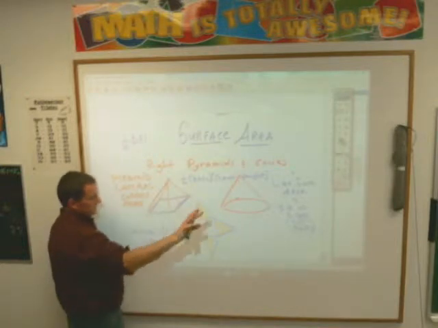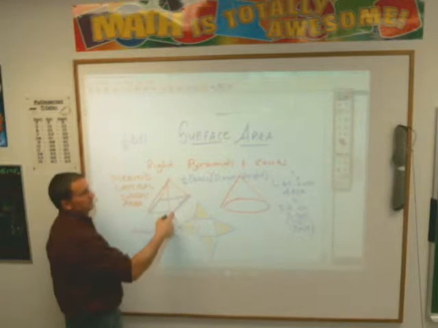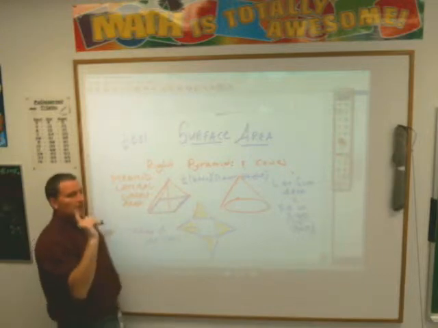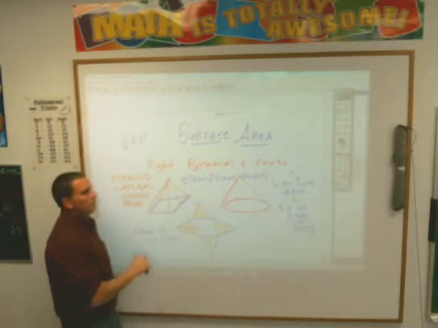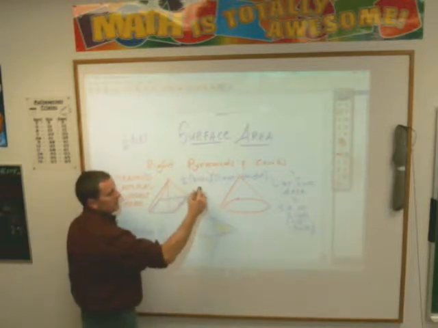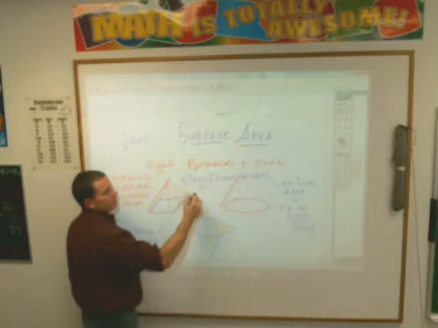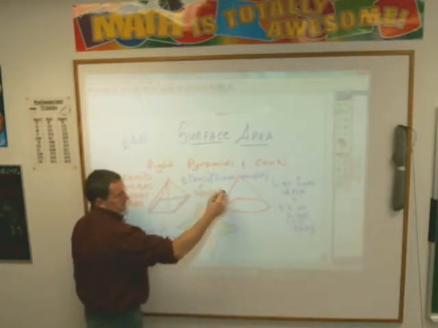Every side, add that number 4 times. Rather than doing each one separately, you can do it all as one big group by instead of multiplying by the base, multiply it by the perimeter of the base.